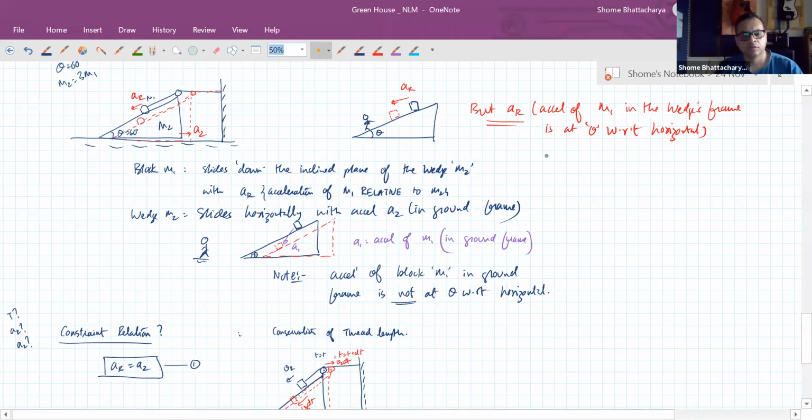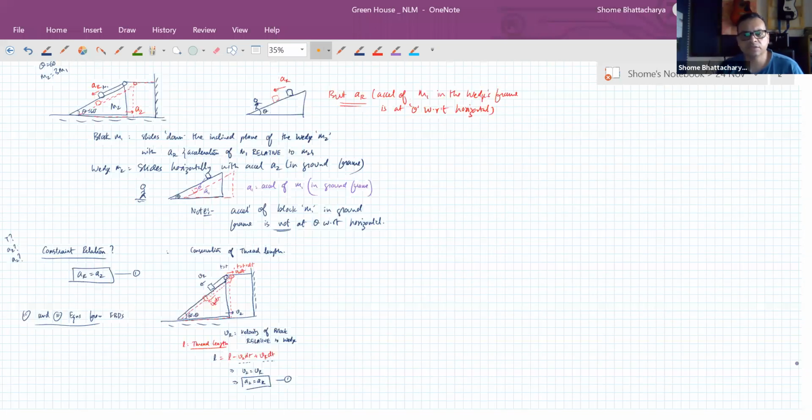First write down the question with the explanation part, then come to the constraint relation below.